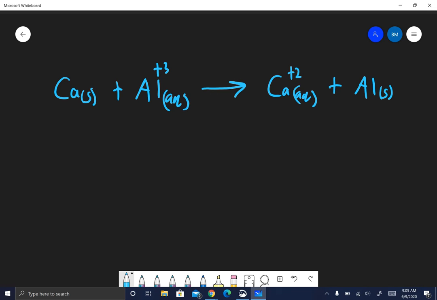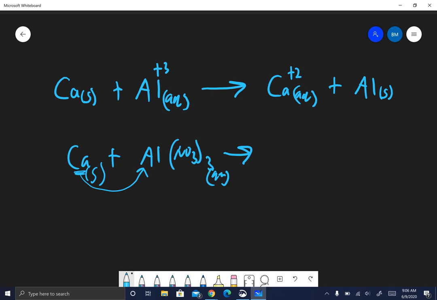So what actually is happening here is if you take something like calcium and react it with aluminum nitrate. So if this is a solution and this is a solid, when you put calcium in this solution, because calcium is more reactive than aluminum, higher on Table J, we've talked about that, Ca replaces aluminum.